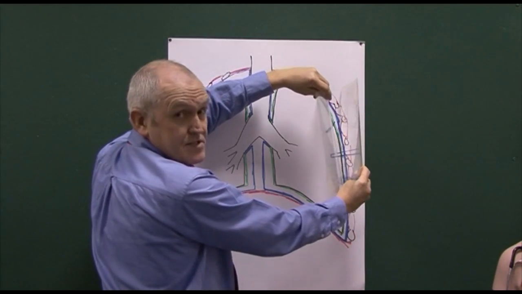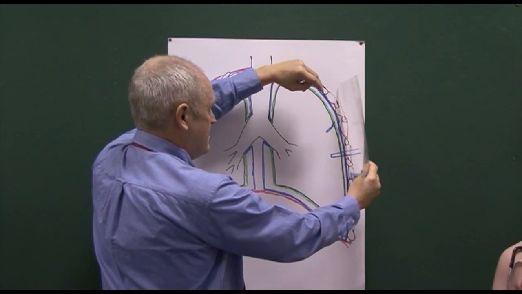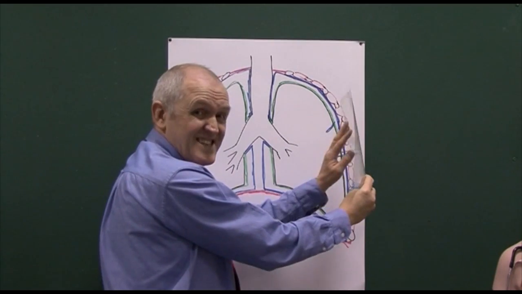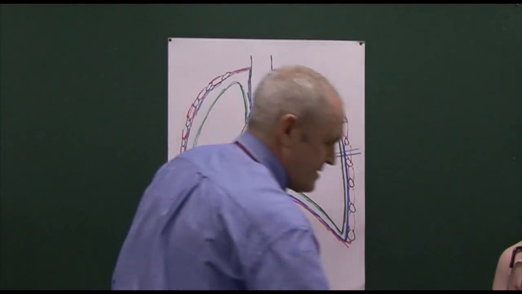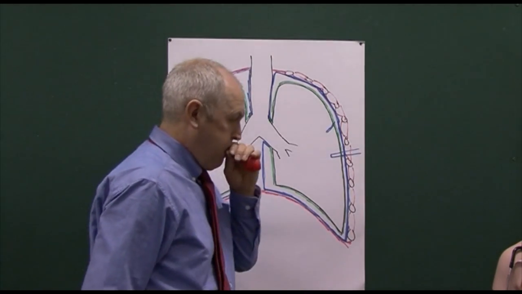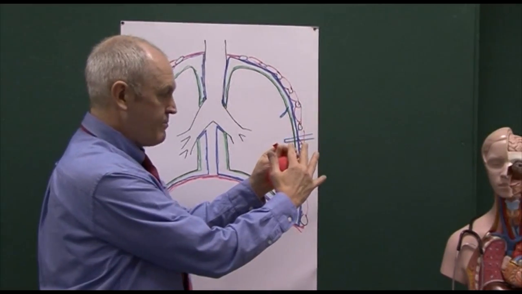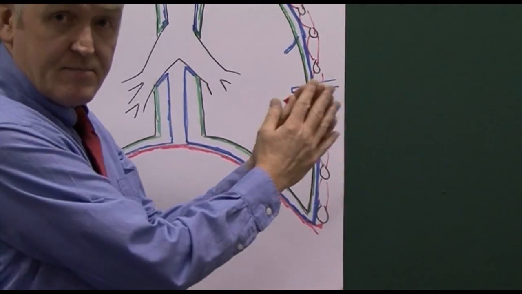So let's see what happens to the visceral pleural membrane. Oh, well, it's gone now, hasn't it? Because there's nothing holding it onto the parietal pleural membrane. And what this means in practice is the lung will collapse. So the alveoli that did have air in them, they're no longer being held out, therefore they'll just collapse.